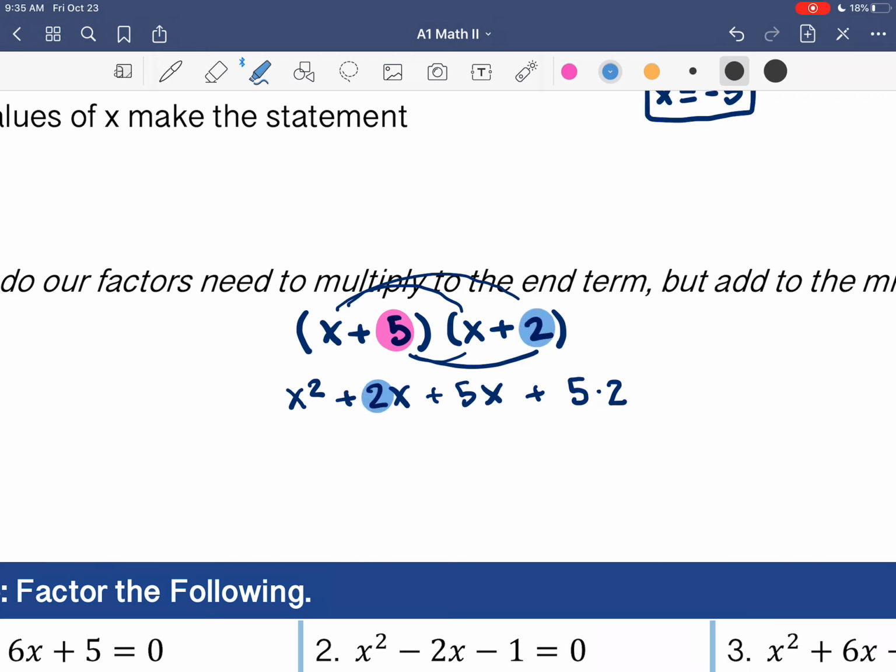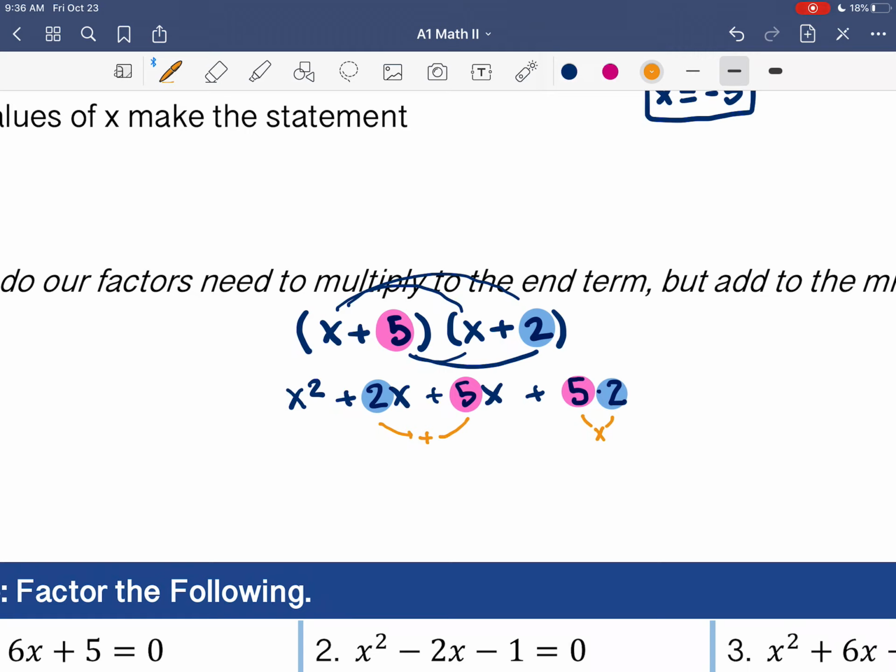Right here we have a 5x and a 2x that we end up adding together, and over here we have a 5 and a 2 that get multiplied together. So you might be able to see here that this is us adding, and this is us multiplying.